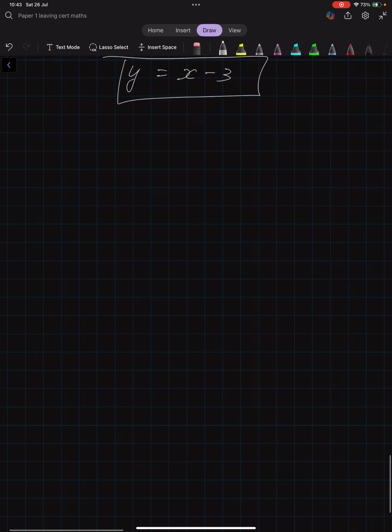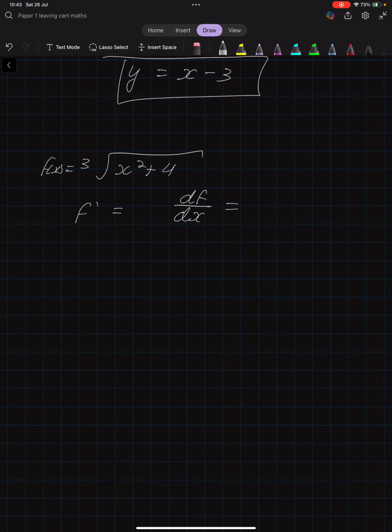So it says differentiate the cube root of x squared plus 4. Do f prime. Basically, I'm going to do it using the formula first. So I can say this is df dx, but this is equal to df du times du dx.